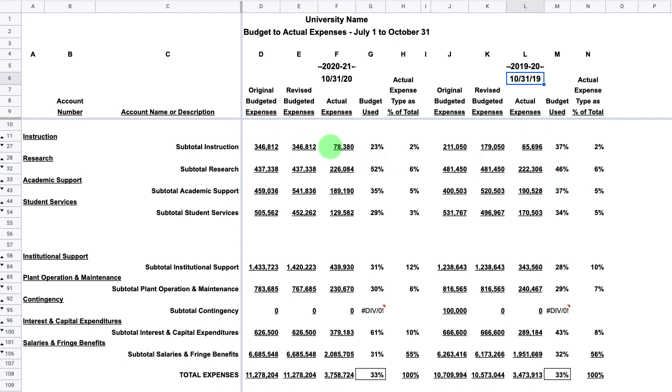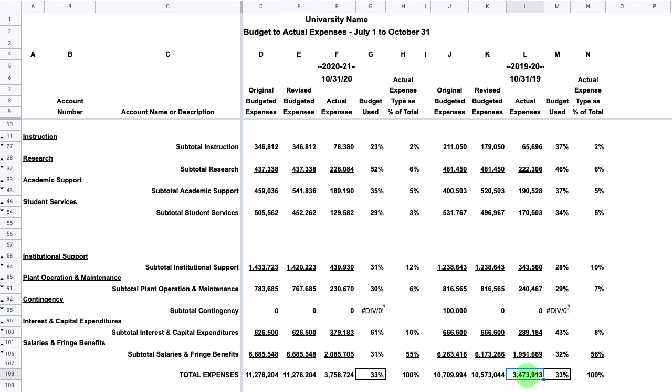If we compare some of these numbers, this year in instruction expenses, we've spent $78,000, whereas last year at this time, we had only spent $65,000. Now the percent of the budget used is a different percent because last year's budget was smaller than this year's budget, which we can see down here.